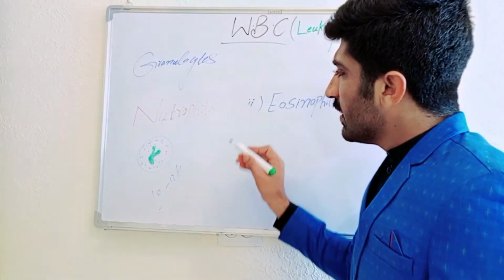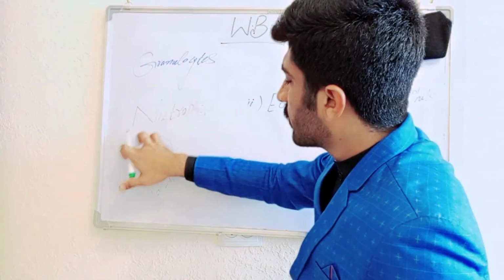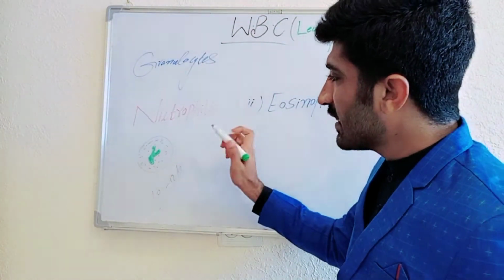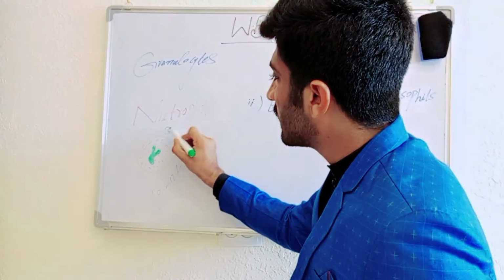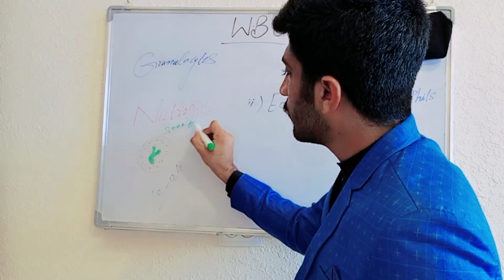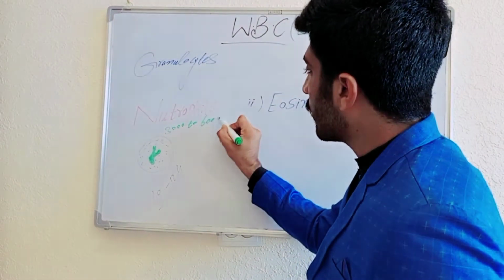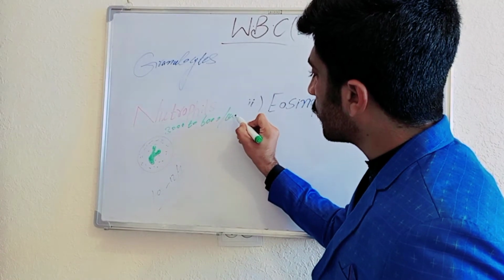Friends, if we talk about the value of neutrophils, the value is 3000 to 6000 per cubic millimeter.